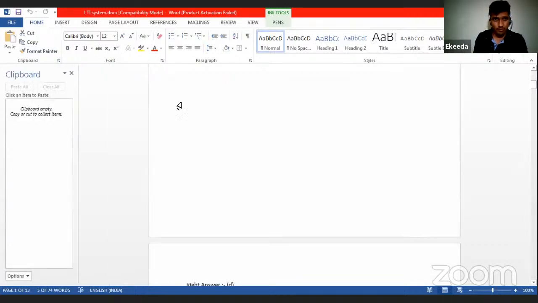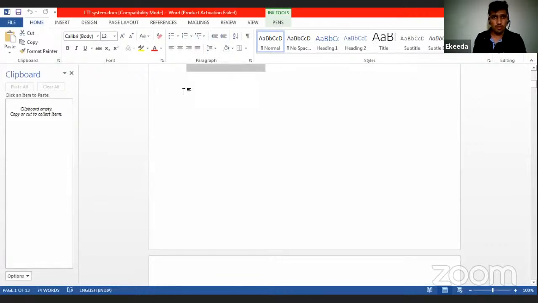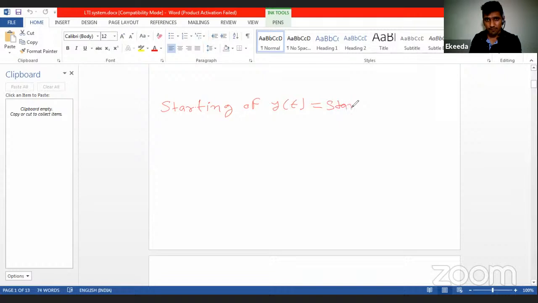By the trick, what you can do: starting of y(t) is basically equal to starting of x(t) plus starting of s(t).